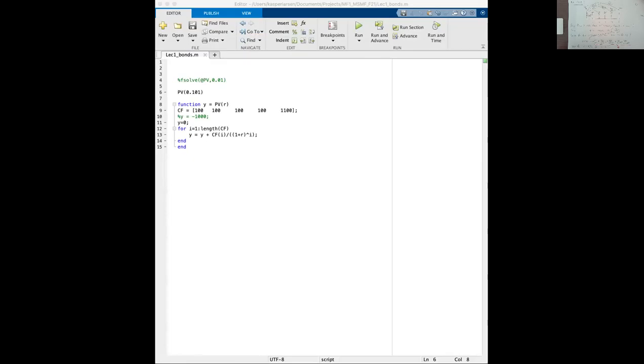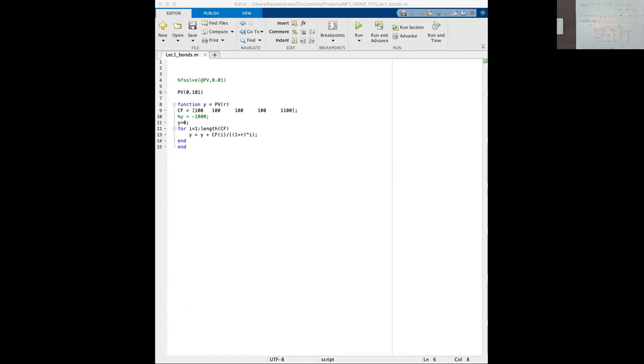Let me just double check my calculation. I think I am messing up my interest rate. It's this basis point that I'm messing up. Let me just make sure I get it right.